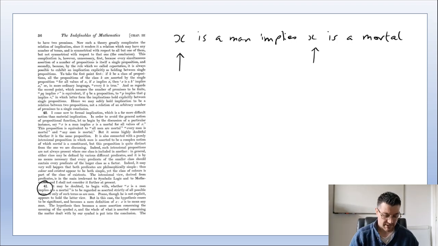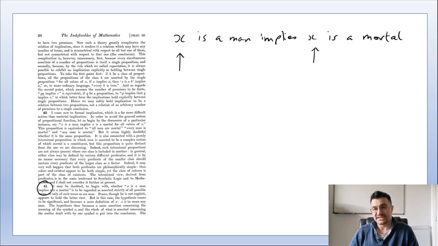Another thing I might say, for those of you familiar with Principia Mathematica, is that there is a notion of formal implication in Principia Mathematica, and by that time Russell had to change his views regarding this unrestricted nature of variables, because in Principia Mathematica variables are necessarily restricted.